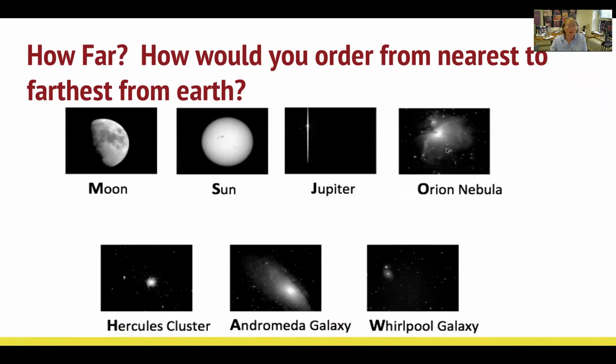So the Orion Nebula is as big in the sky as the moon, or the Andromeda Galaxy is actually bigger in the sky than the moon, but you can't see it with your naked eye. So you don't realize that that object that's, in this case, thousands, or in this case, millions of light years away is huge. And so it appears big in the sky.